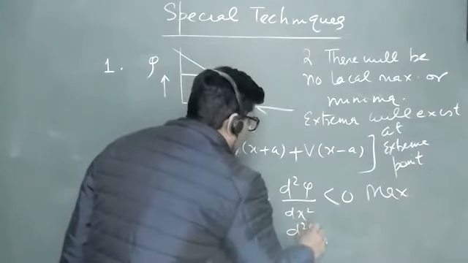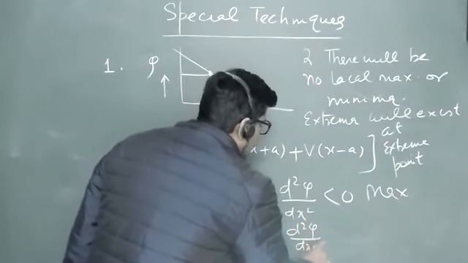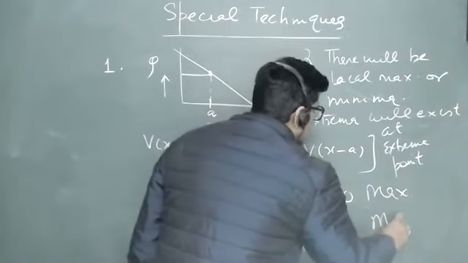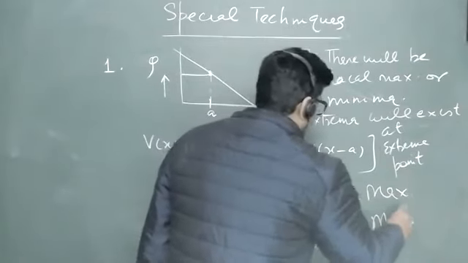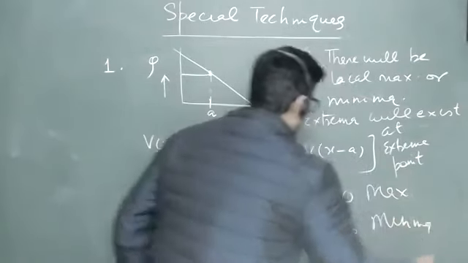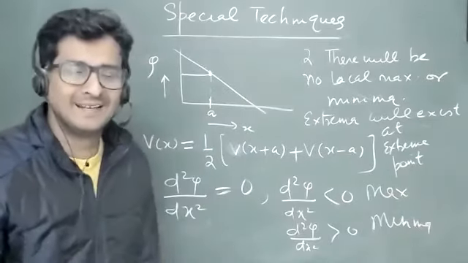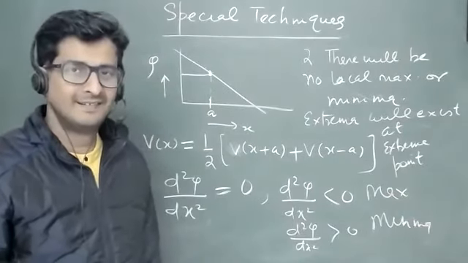And d2 phi by dx2 is greater than 0 means minima, बट हमारे केस में तो ये इक्वल टू 0 है, हाँ.